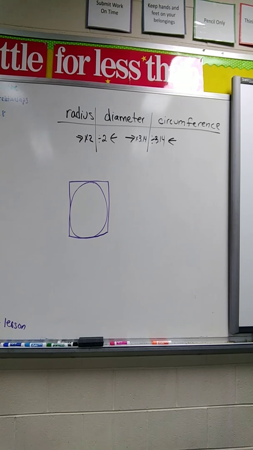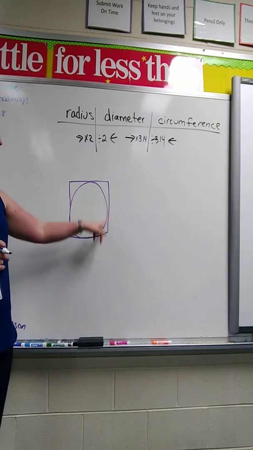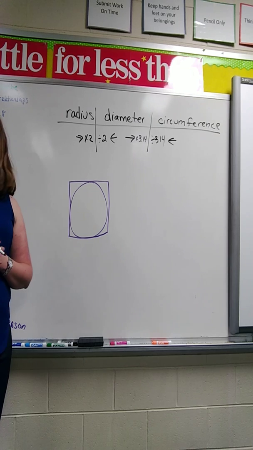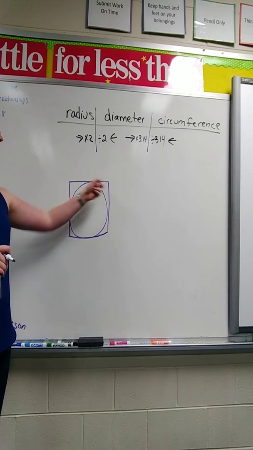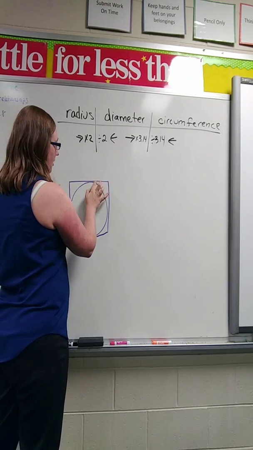Is that going to work? No. Because why won't that work? I'd have extra space there, right? Do we know how to subtract that extra space? No, I don't. Okay?